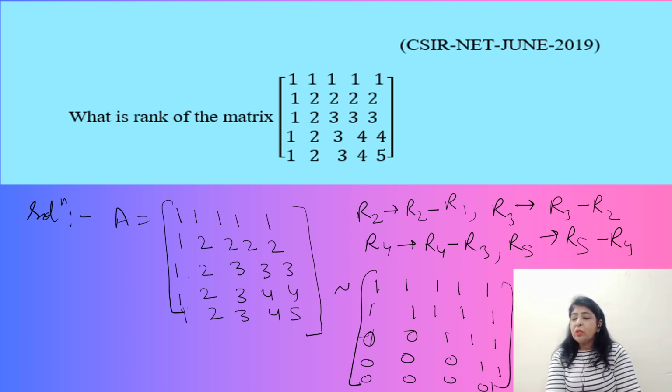So you can see that 5 pivots are there. As the number of pivots is 5, the rank of A is 5. Clear?